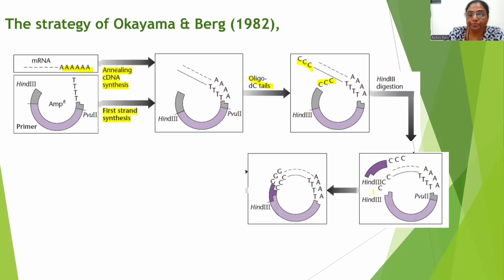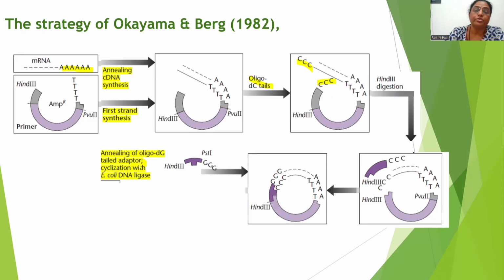Next there is a use of an adapter. This adapter is a DNA sequence which is digested with a particular restriction enzyme, and it is a HindIII adapter, meaning it has HindIII ends, cut with HindIII.